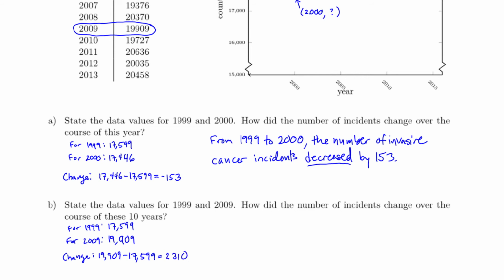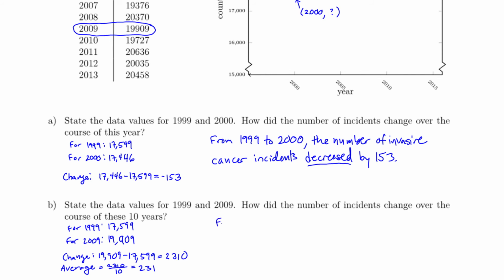And I'll get 2,310. So the total change over the course of those years was 2,310. Now if I consider that that was over the course of 10 years and I want to look at that average change, the average over 10 years would be that 2,310 divided by 10, since there were 10 years, which would be 231. So on average, the increase was 231 each year. So I'll summarize that.